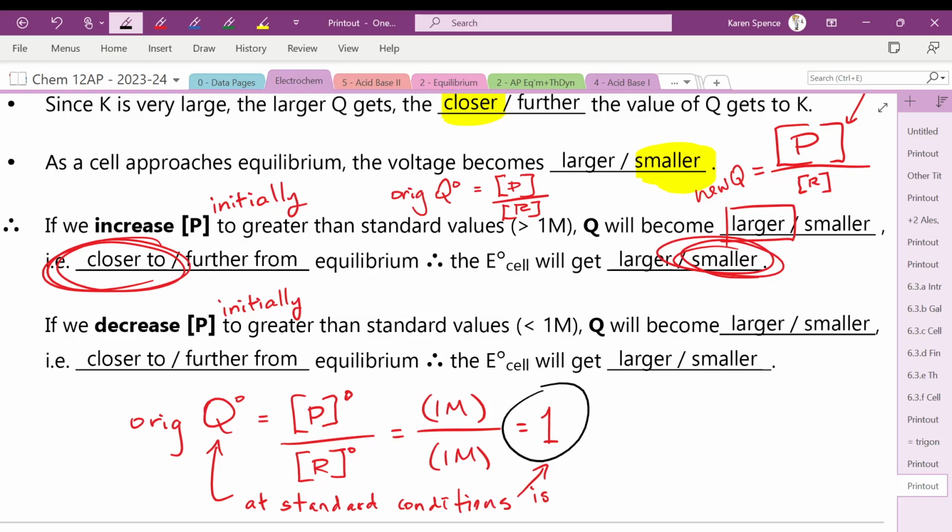So if we now decrease the concentration of P, so our new Q, we've made the concentration of P smaller, and we still have the original concentration of R. What has happened to Q?